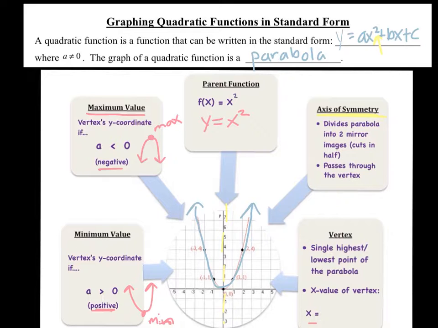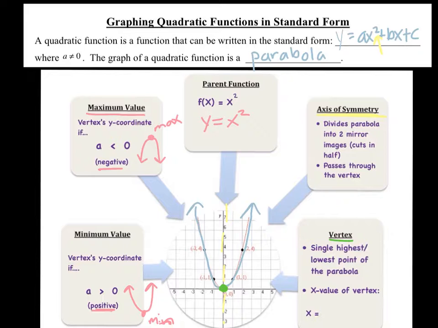Which leads us down to that last box. What is the vertex? The vertex is the single highest or lowest point. So we said it could be a max or min, but the vertex in your example problem is this point right here at the bottom of your parabola. So in this case, it's the lowest point of the parabola.